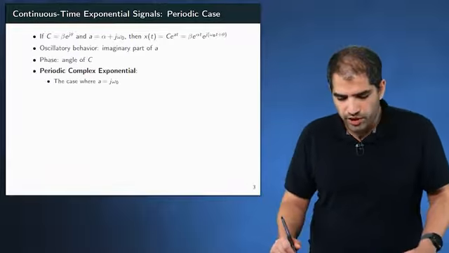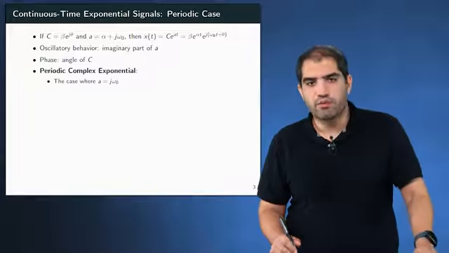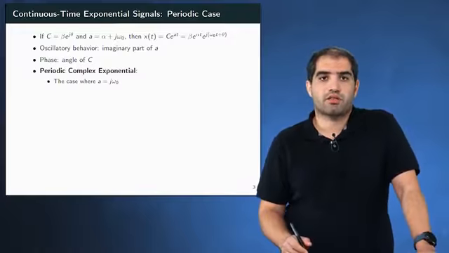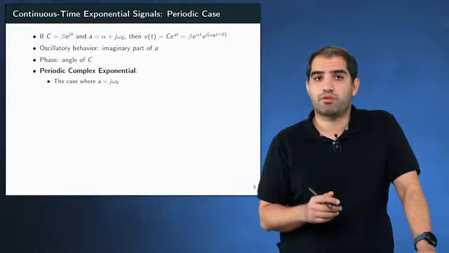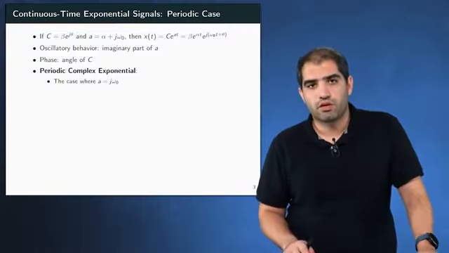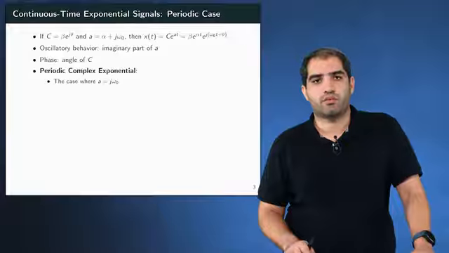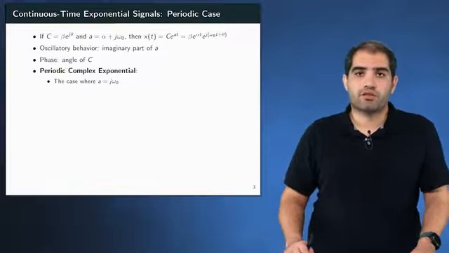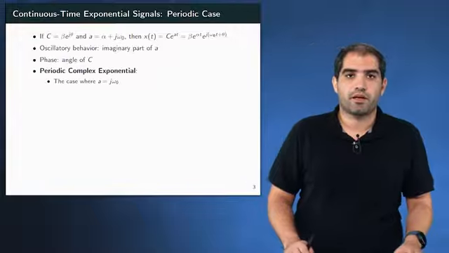Another important case: the oscillatory behavior and the decaying behavior of this exponential. As I mentioned, the decaying behavior is related to the real part of the exponent a, which is alpha, the way that we wrote it here. And the oscillatory behavior is related to omega naught.